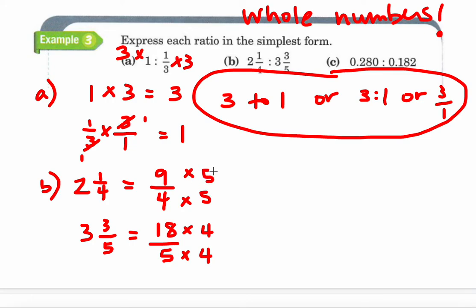So let's multiply 9/4 by 5/5, so I can get to the common denominator 20. That becomes 45/20. And 18/5 will multiply by 4/4, so I can also get to the bottom of 20. And then 18 times 4 is 72.